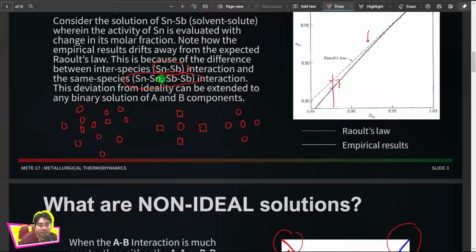So this says that whenever your concentration approaches 100%, parang nagiging insignificant yung, if we look back at the tin and SB na example, no? Kung sobrang dami na ng tin mo as opposed to antimony, ang mangyayari is sobrang insignificant na yung contribution nitong tin-SB as opposed to the contribution of the tin-tin interaction. So parang nangyayari is it's as if nagbe-behave itong tin antimony solution na to as if 100% tin na lang siya.